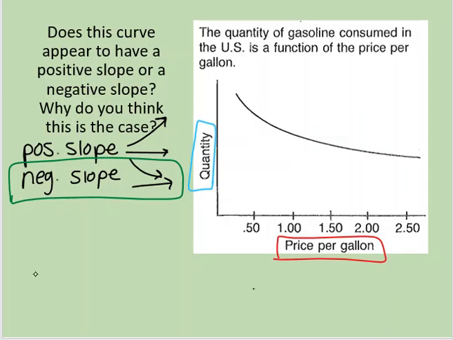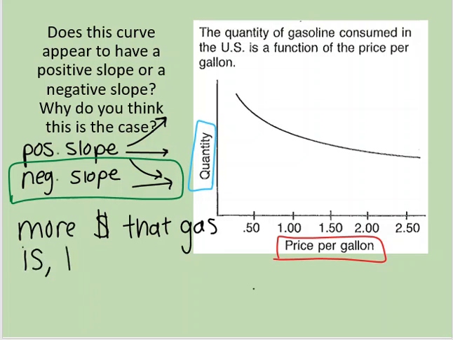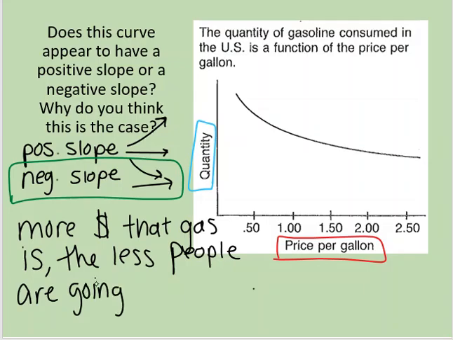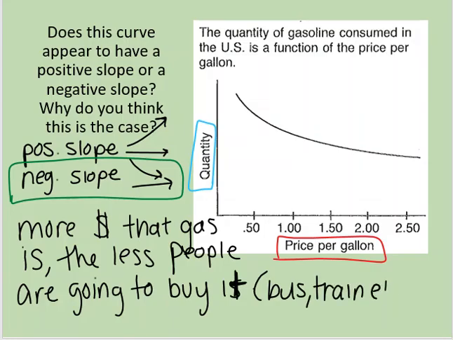Well, it's negative because the more money that gas is, the less people are going to use it. So instead of driving, they might take a bus, a train, their bike, something that they will not have to put gas in themselves.